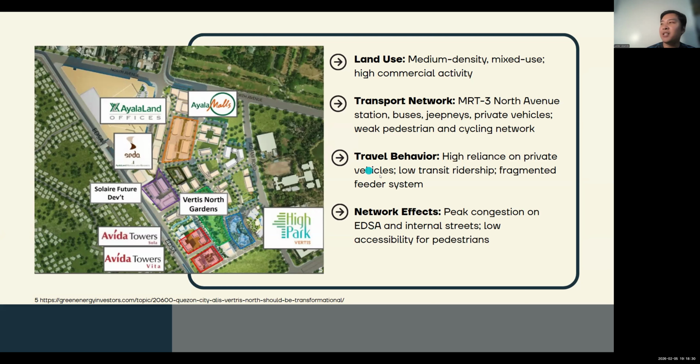The third scenario would be the full TOD plus travel demand management. This will include policies on parking pricing, peak hour incentives, and options for work from home or alternate schedules.